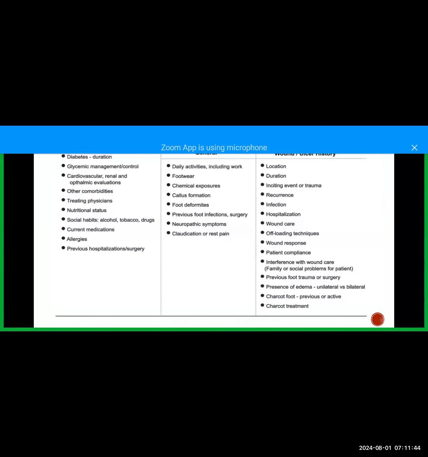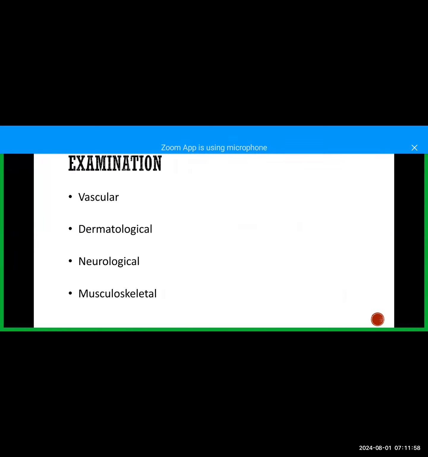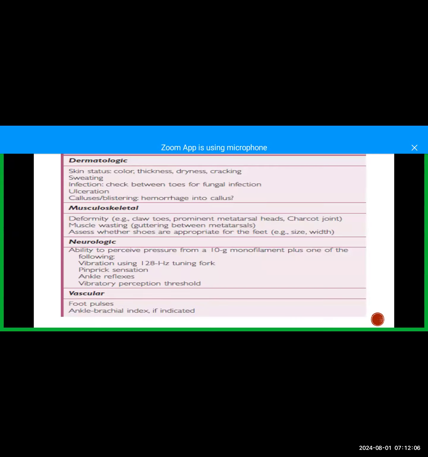When they present, I'll take a history regarding peripheral neuropathy, peripheral arterial diseases like intermittent claudication, and the wound. On examination, one would like to do vascular, dermatological, neurological, and musculoskeletal examinations.